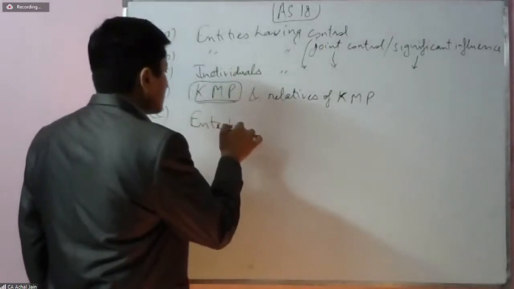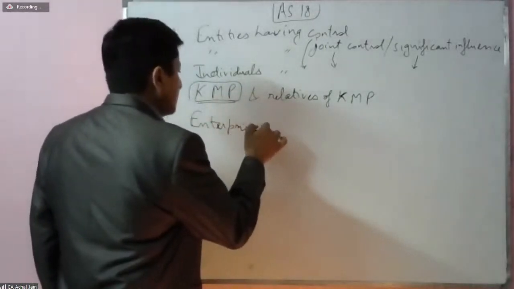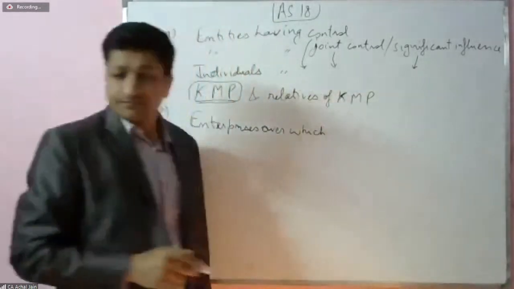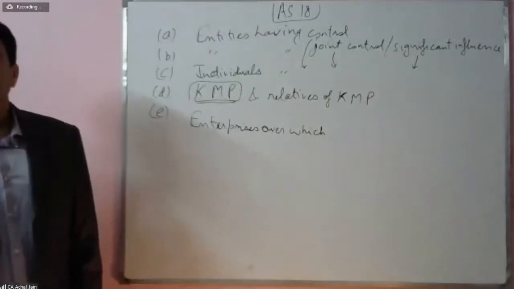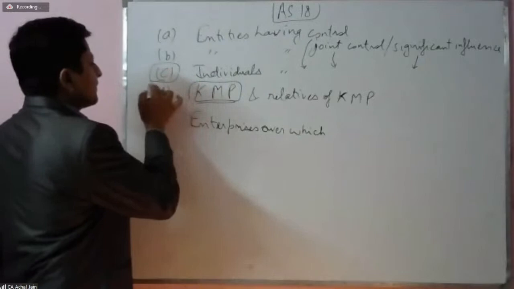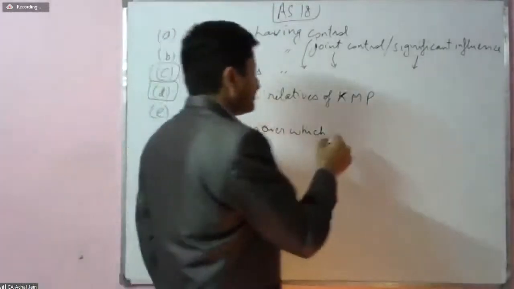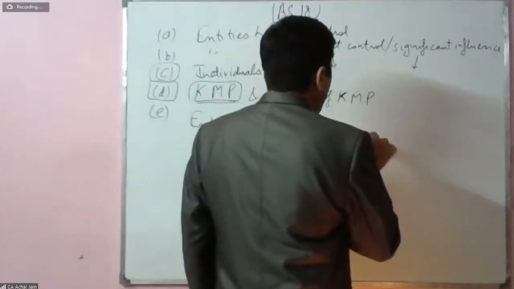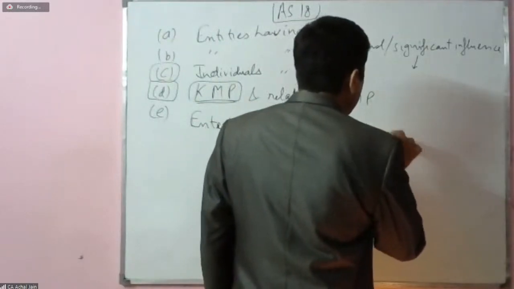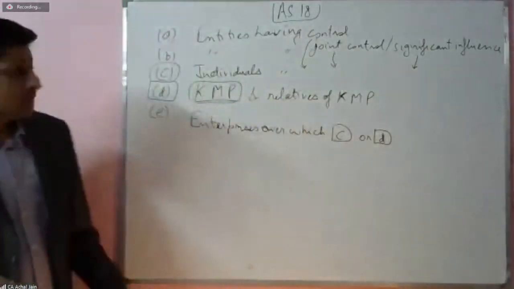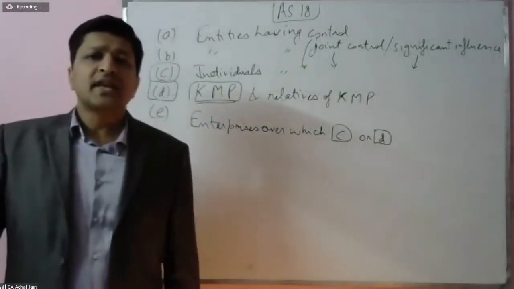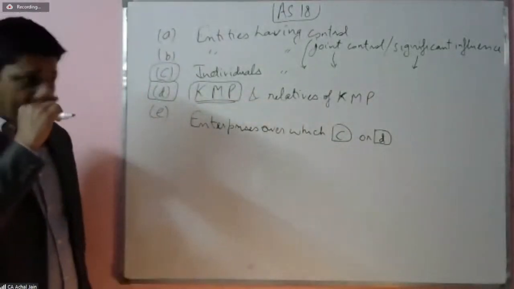Enterprises over which persons described in C or D. What is C? This one. What is D? This one. Over which C or D, any of them, is able to exercise significant influence.